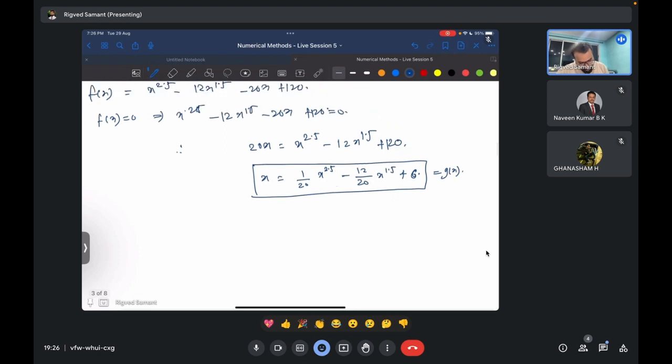This you will call another function g of x. The other way of writing it would be to take this x raised to 2.5 on one side.